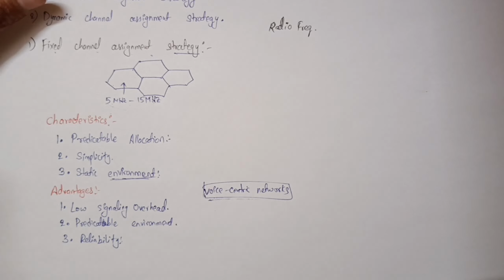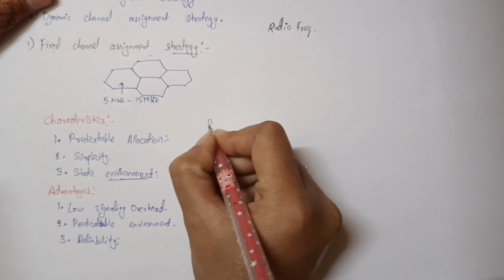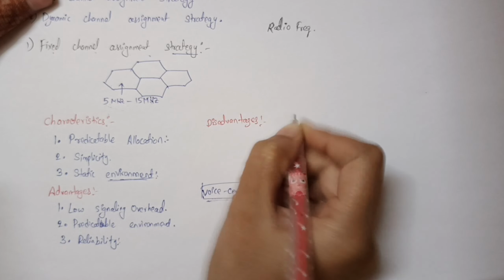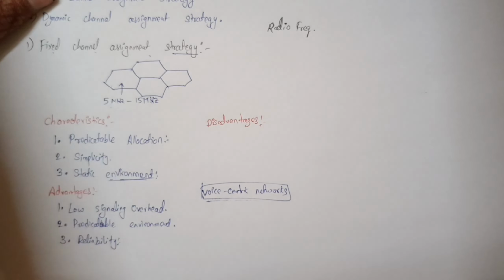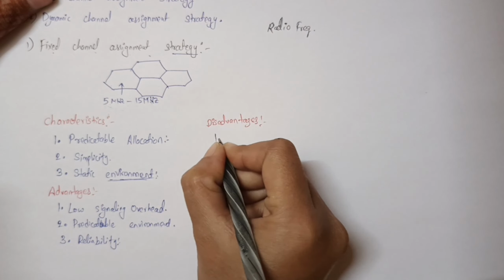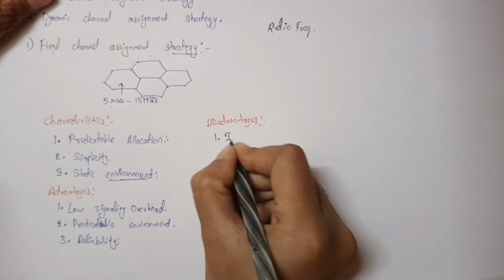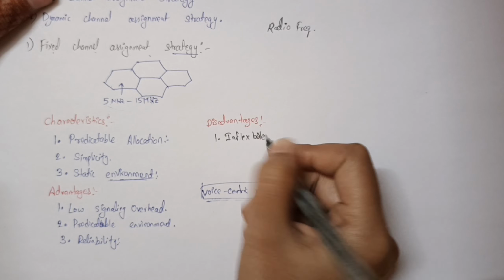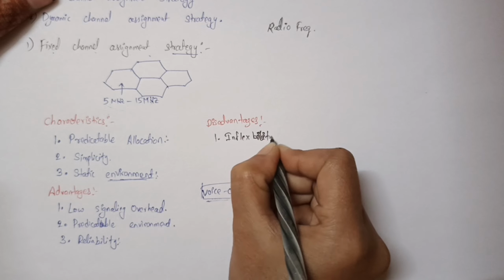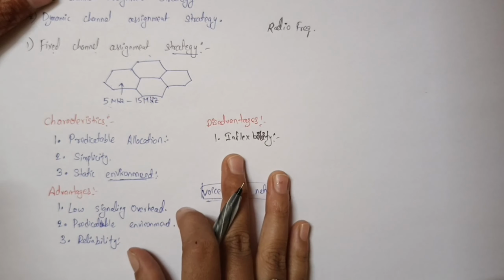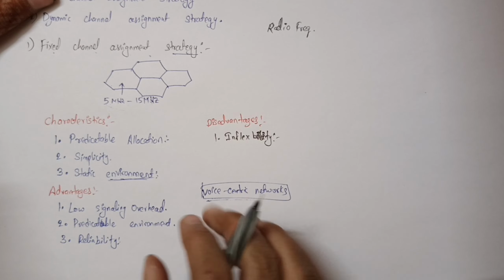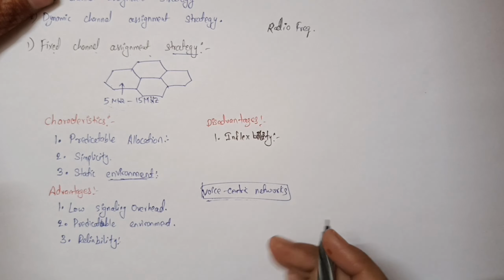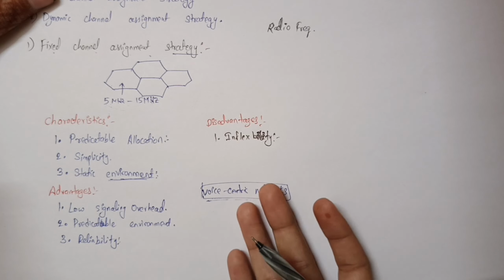Now let's discuss the disadvantages. The first disadvantage is that it is inflexible. One of the major disadvantages of fixed channel assignment is its lack of adaptability to changing network conditions.